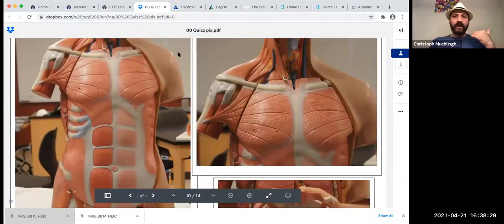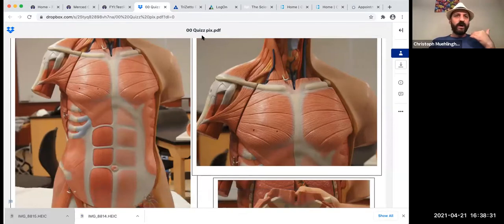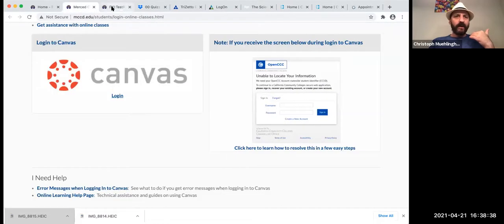So make sure you look at that, particularly as we move towards the last part of the class, when we get into the heart and the blood and so forth. Let me go a little bit ahead and show you that last part, because you're probably going to be doing some work on it before we meet again.